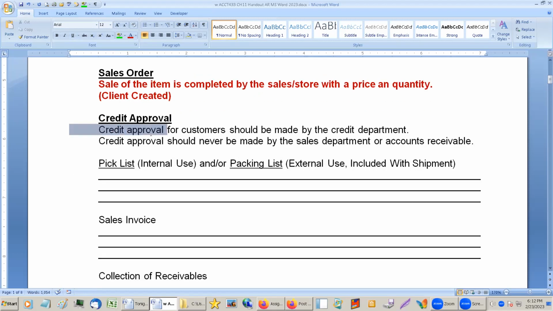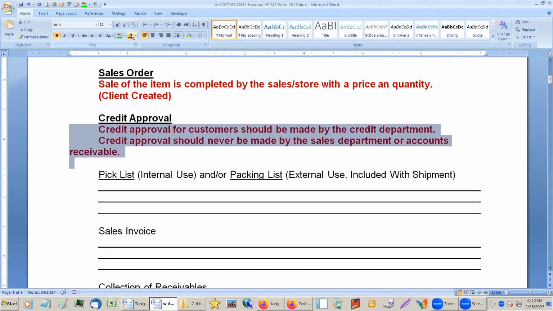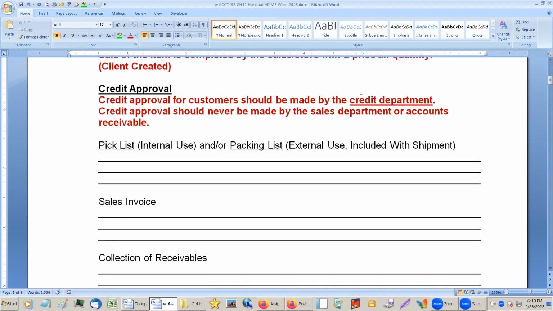Hopefully they have a credit department. If they don't have a credit department, you say, okay, well, who does the credit approvals? Maybe it's not that big of a place. It should never be done by the sales department and our accounts receivable. These have authorizations, these have record keeping duties. So credit approval should never be made by those two.